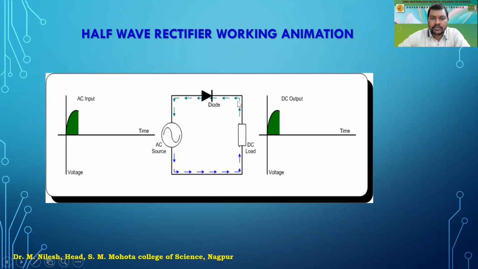The flow of electrons will be in the opposite direction, like this, and the direction of flow of current will be from anode to cathode in the positive half cycle.